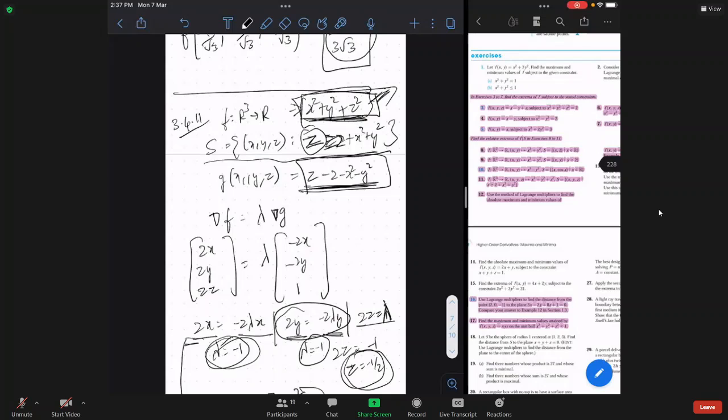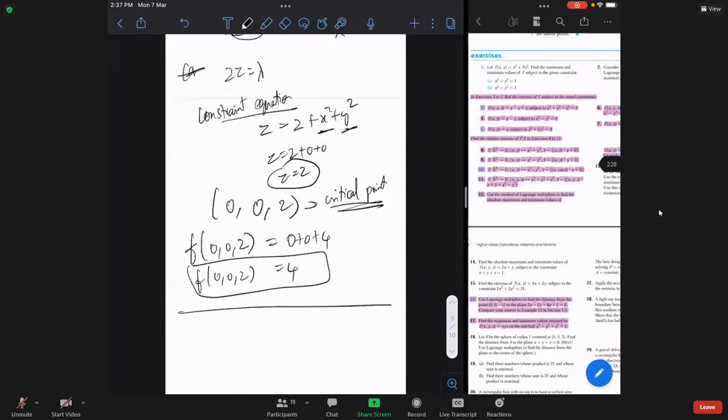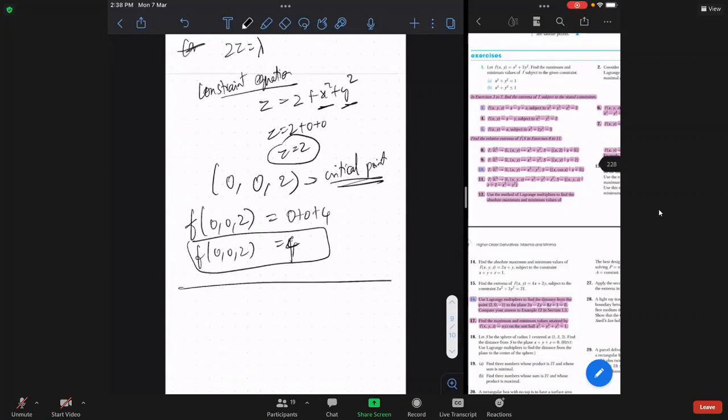Since this is an increasing function, this is the lower bound of it. So the minimum value of this function is 4, which is the lower bound, and I'm going to call this the absolute minimum of this function. And there is no maximum because it's an increasing function. It tends to infinity. So you don't have an actual maximum where it saturates, but there is a clear minimum and the value of it is 4.